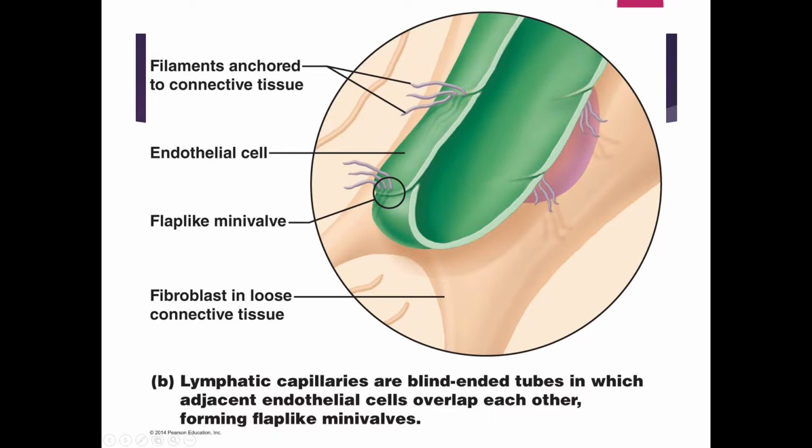Okay, so that makes them very, very permeable. It's just going to be the pressure of the interstitial fluid pushing on the flaps that will allow the fluid to enter into the capillary. So anything that's in the fluid, like we said, cellular debris, proteins, pathogens, macrophages, whatever might happen to be out there, will very easily enter the lymphatics.